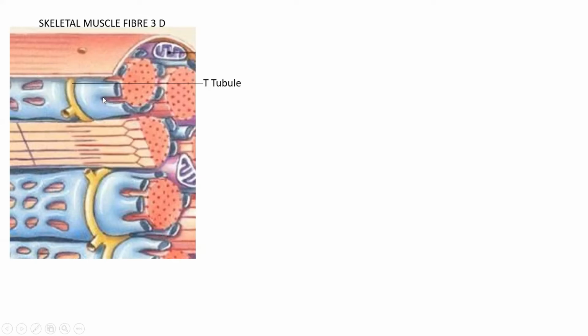The triad is composed of transverse or T-tubules, which are finger-like invaginations of the sarcolemma, flanked on either side by the terminal cisterns of the sarcoplasmic reticulum. Together, the T-tubules and the terminal cisterns of the sarcoplasmic reticulum constitute the triad. The triad is for uniform contraction of all muscle fibers.